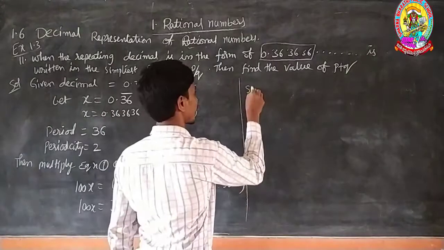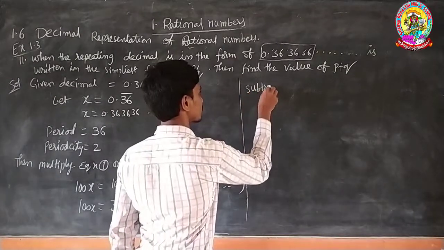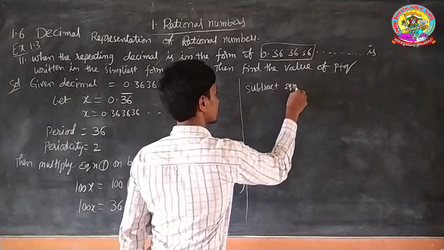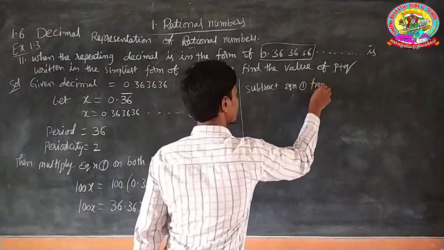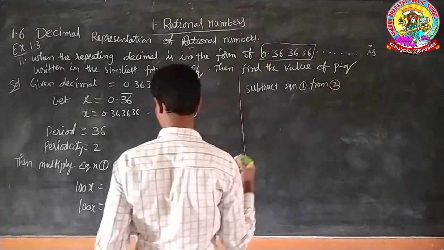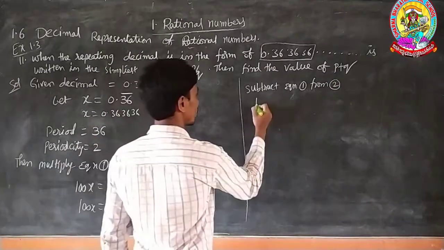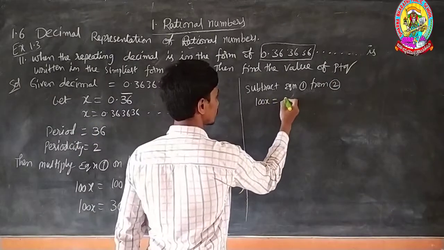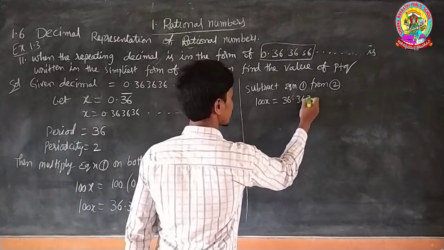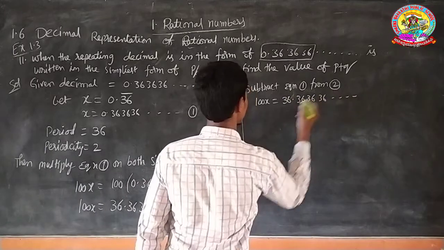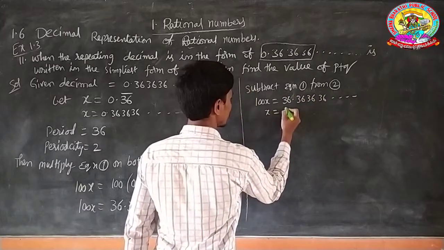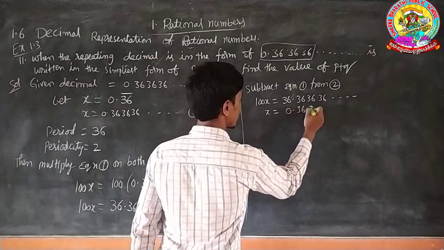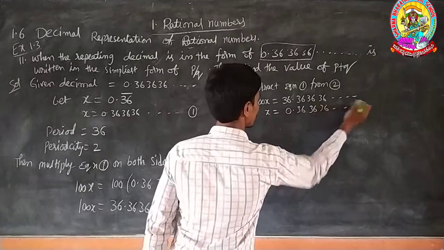Then subtract equation 1 from equation 2. Equation 2 is 100x is equal to 36.363636 and so on. Equation 1 is x equal to 0.363636 and so on.